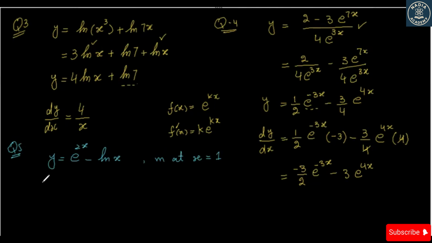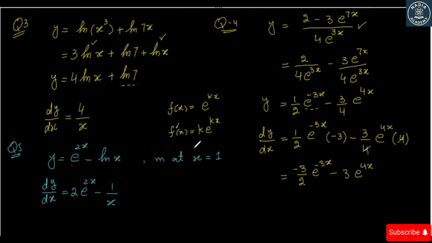So we know gradient is the first order derivative of the function. So dy over dx will be equal to the first term's derivative: the exponential function as it is, e power 2x, times the derivative of its power 2x. The derivative of 2x is 2. Now negative derivative of natural log of x is just negative 1 over x.